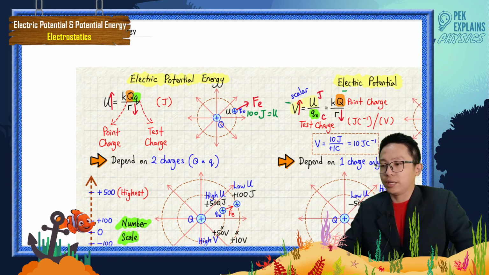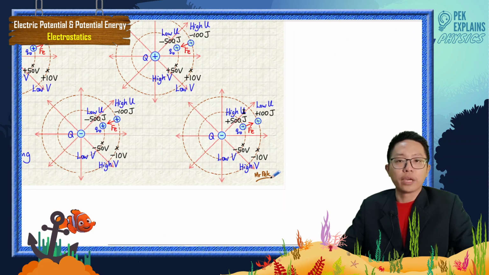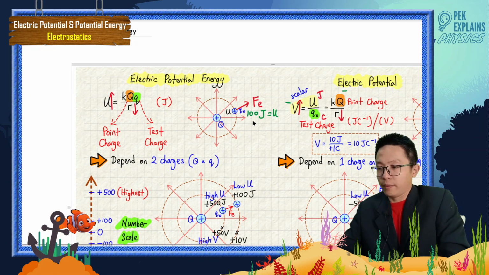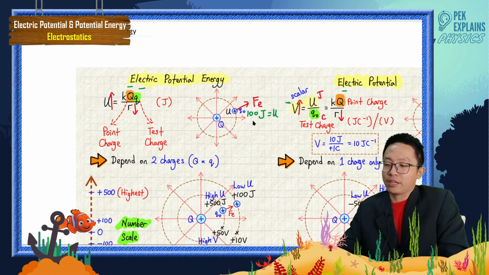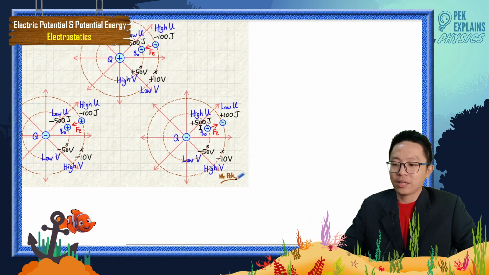Again, as I told you, potential energy needs to look at both charges. So we have a negative point charge and a negative test charge, and that's why we get a positive potential energy.